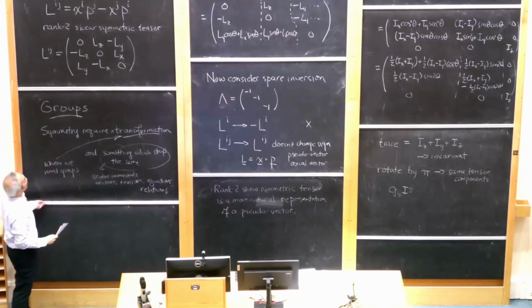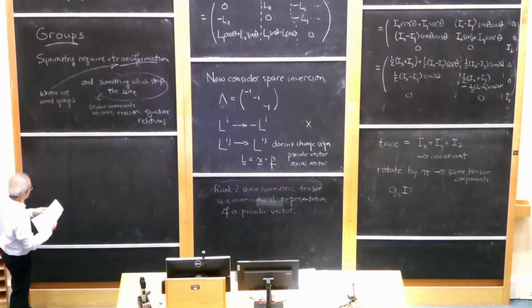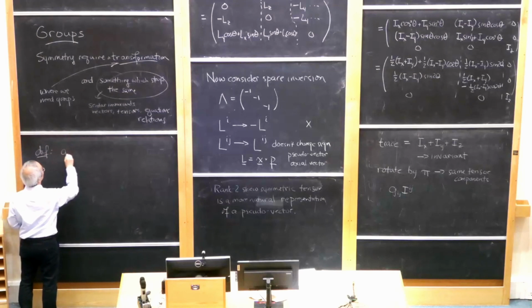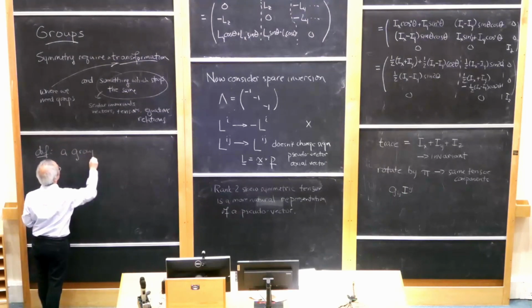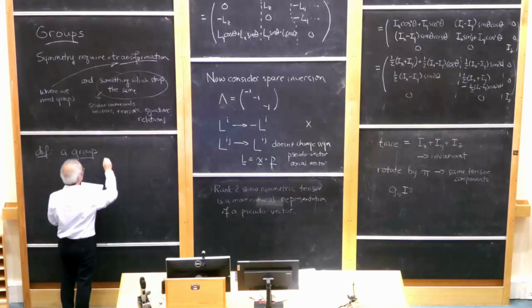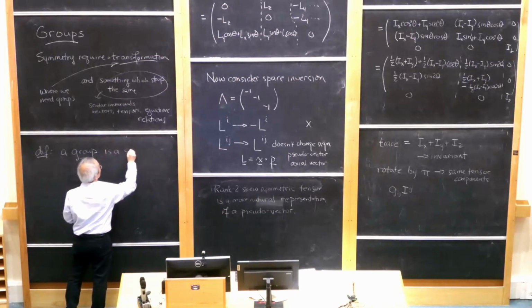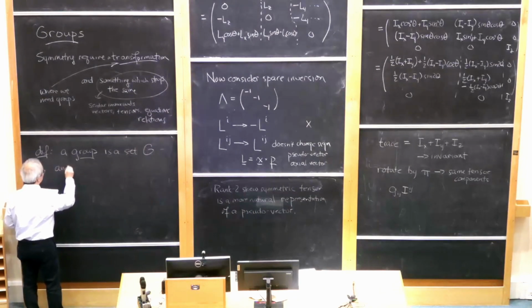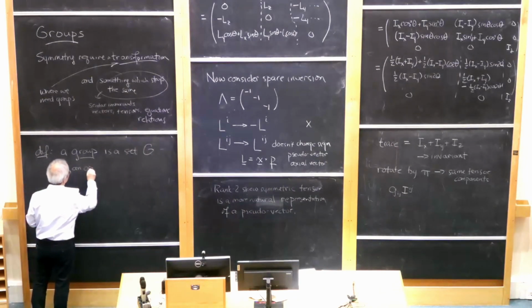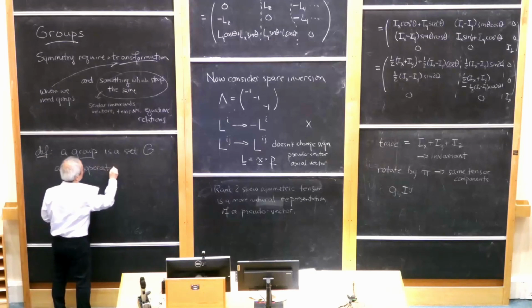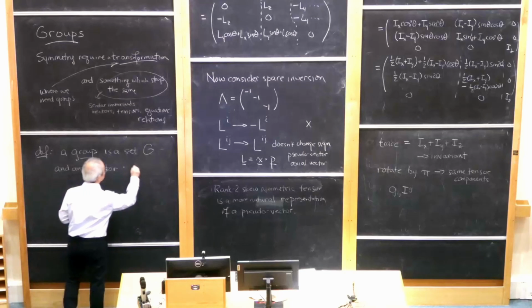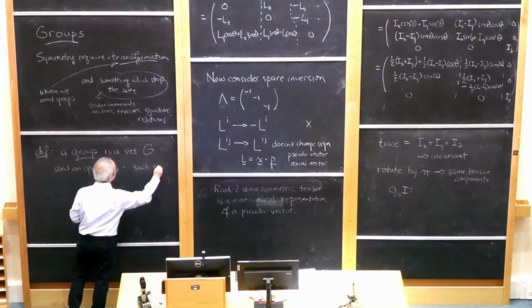Okay, so let's talk about some definitions. Right, so this is a definition. A group is a set G and an operator, which we'll just give as a little dot, such that it has 4 properties.